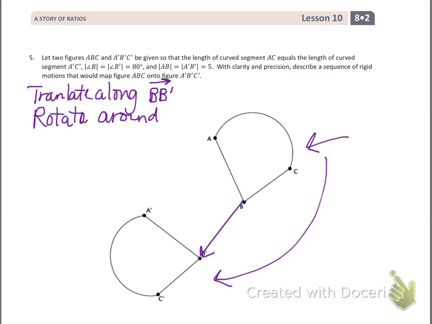Rotate around center B until AB coincides with A prime, B prime.